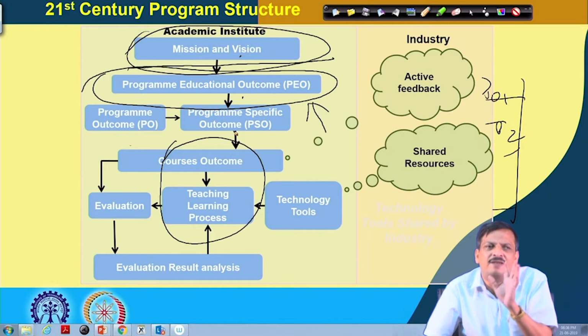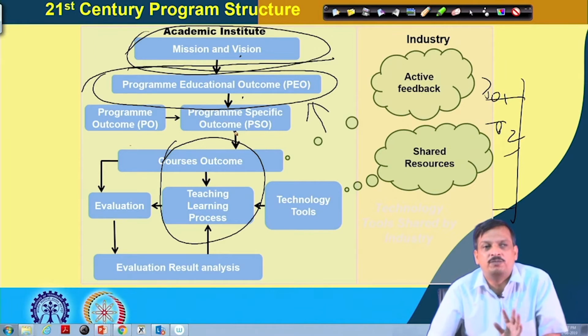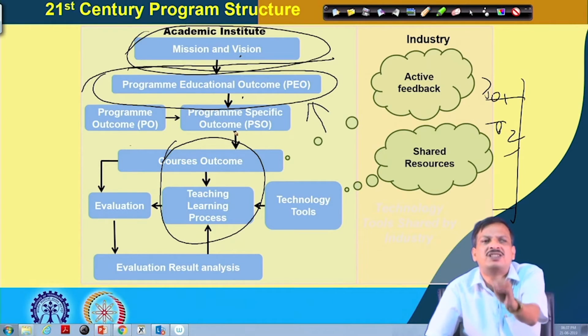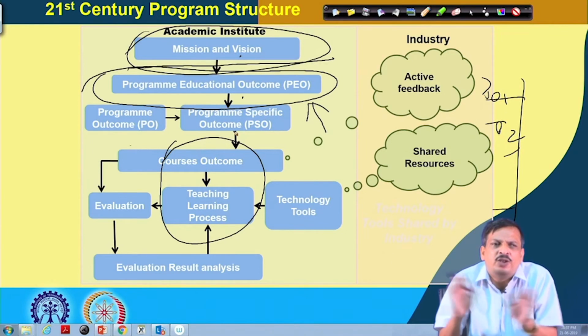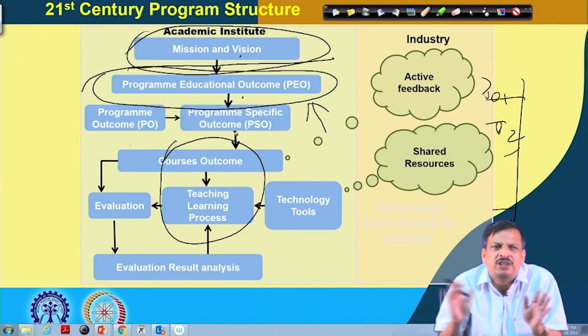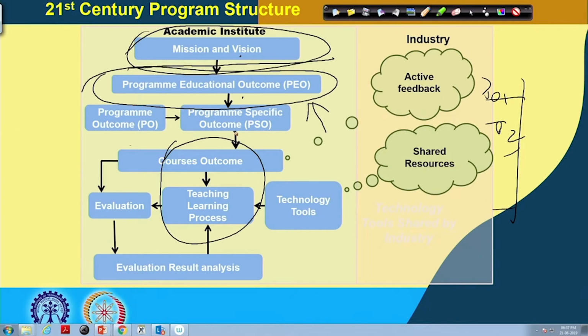So the mission and vision statement of the institute must be written as per their output, as per their end target. I want to produce engineers to supply manpower to CTS, TCS, IBM, the local software industry. My institute target is not to produce an engineer who will take care of high-end research. So the mission and vision statement depends on what kind of output I want to produce.